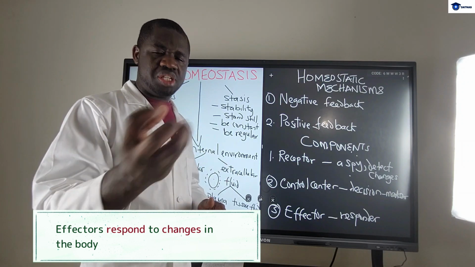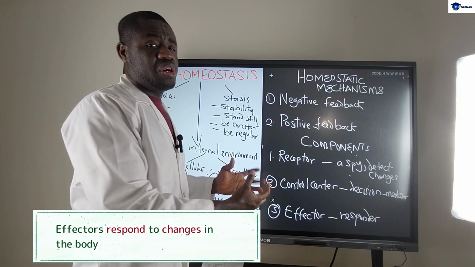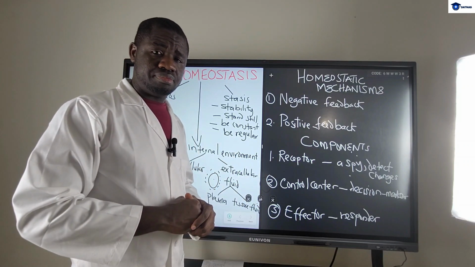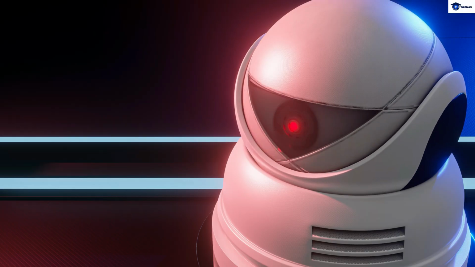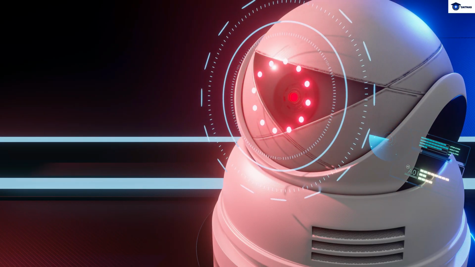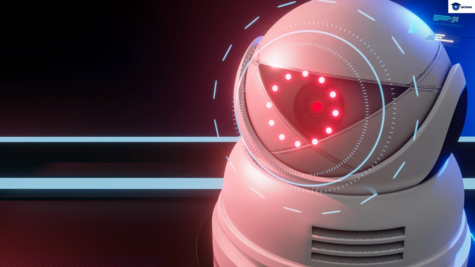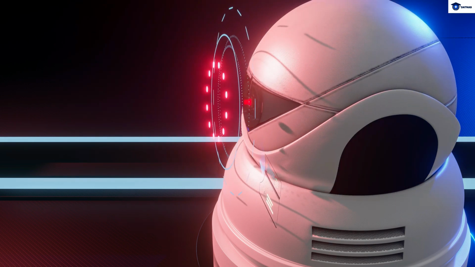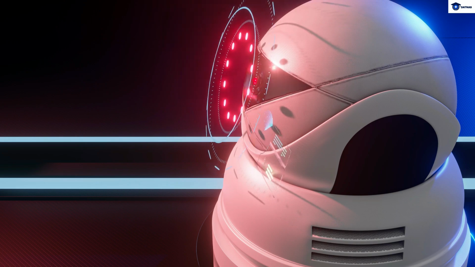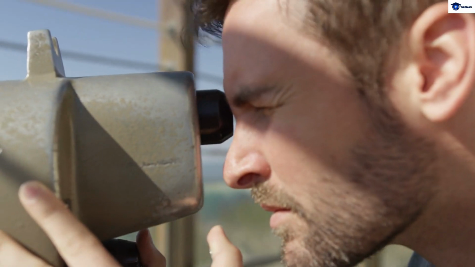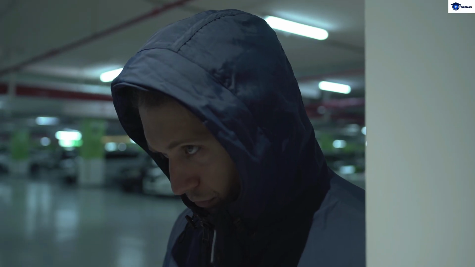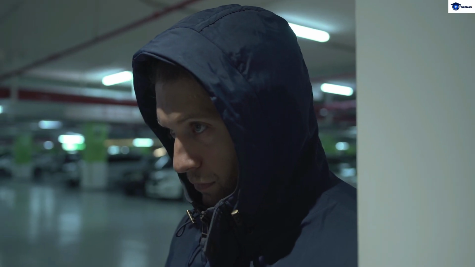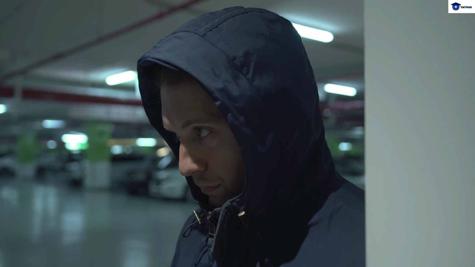Let me give you a scenario for better understanding of these concepts. Receptors are people who are spies. They detect changes in the society. These receptors detect an offensive person in a mall who is trying to harm the people inside the mall.